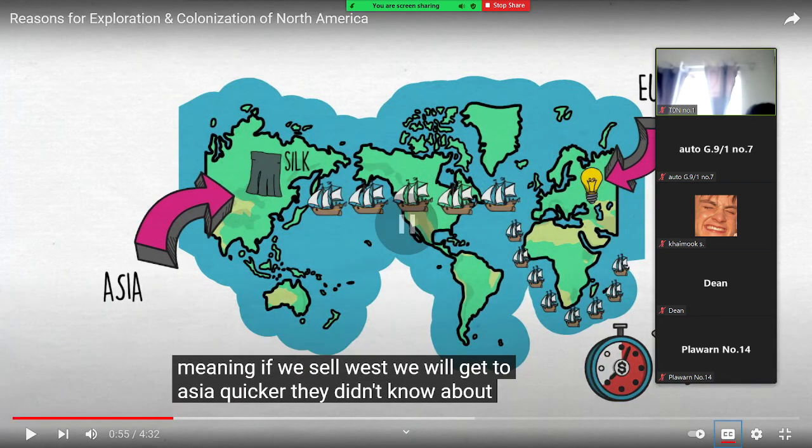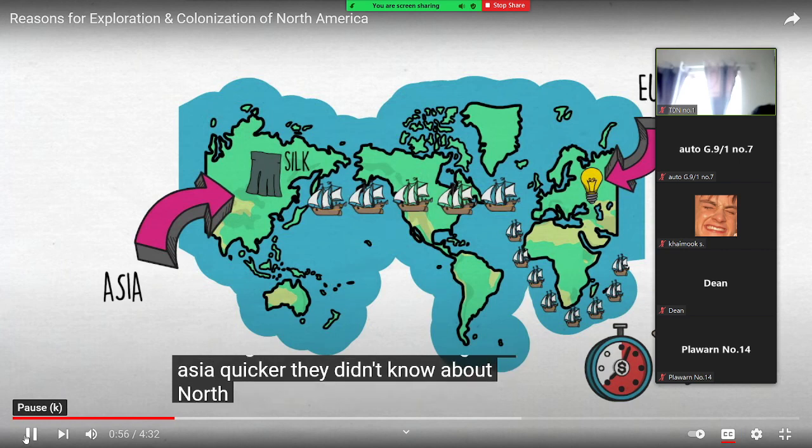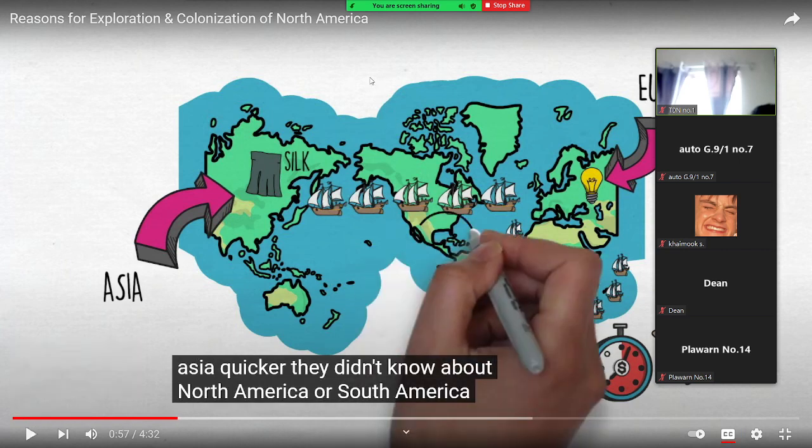So they already knew that it is round, right? So some countries sailed east, and others tried to sail west, toward North America or South America. The thing here is they thought that no one had sailed west yet, and no one had discovered this continent yet.